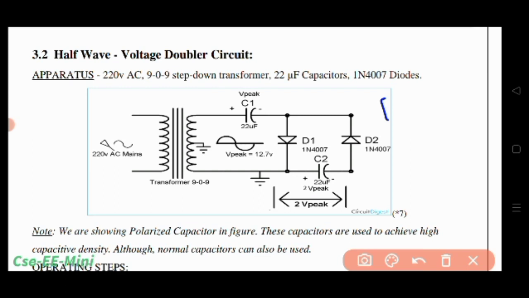The second reason is that a step down transformer results in low voltage AC, because we want to start from lower ranges like 15 volt or 30 volt. In the example we can see 12.7 volt is the V peak value.